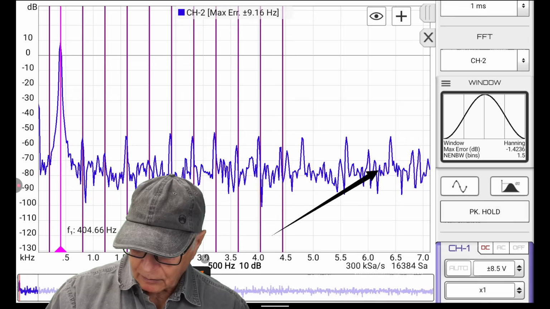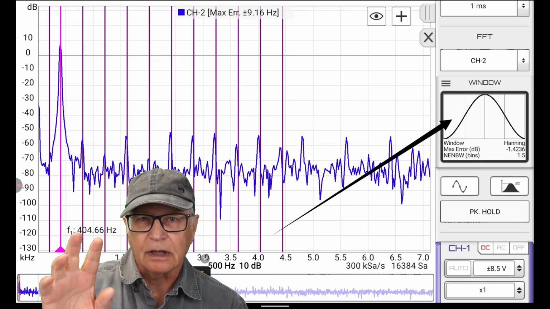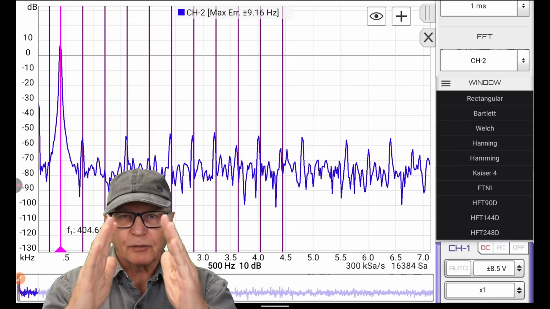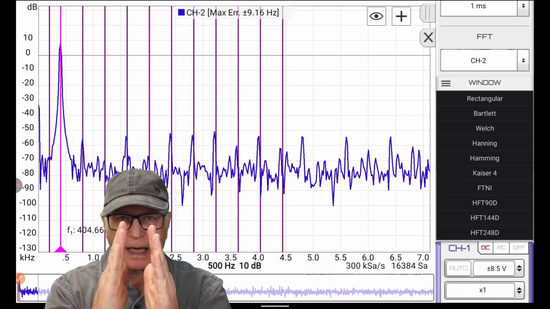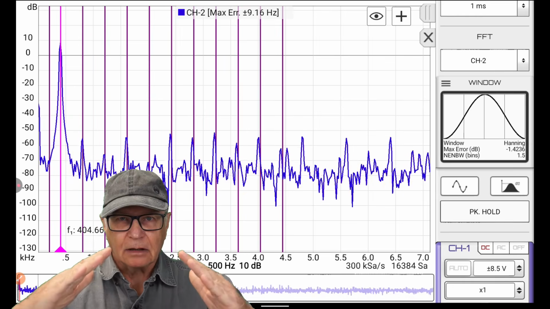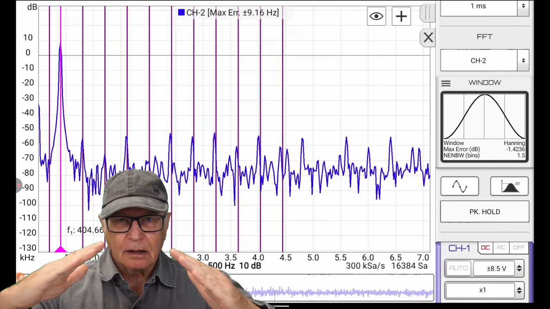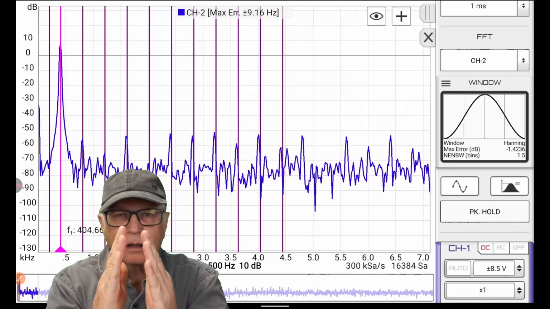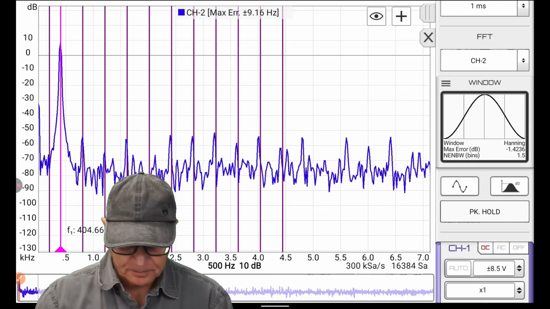I want to point out this window here. It offers us options on the distribution of that peak. It can be spread out and be a little bit wider, or it can be more focused and have a sharper peak.